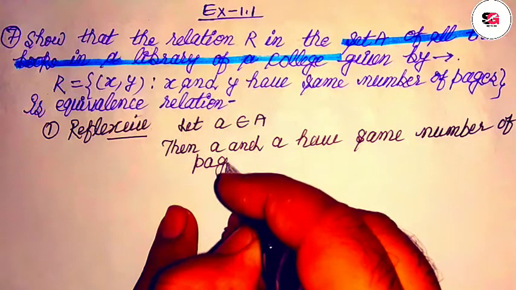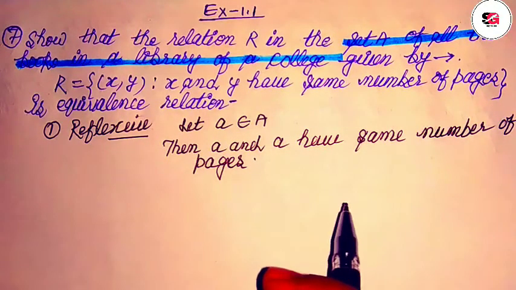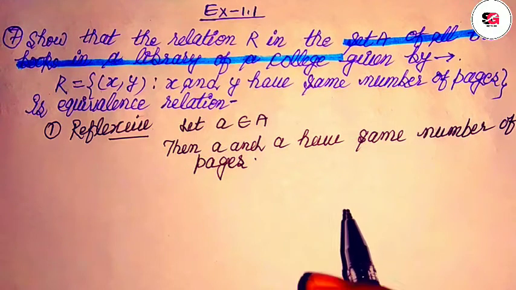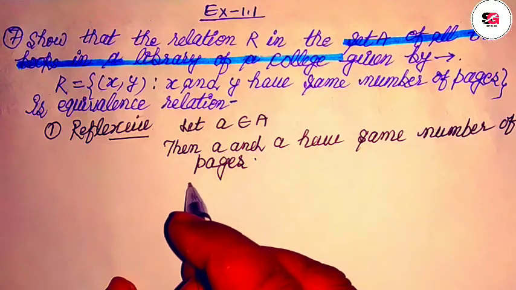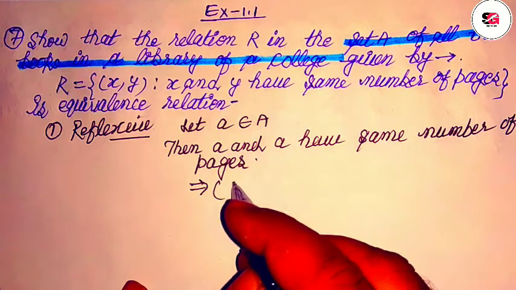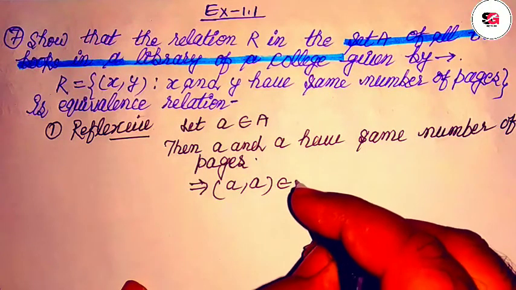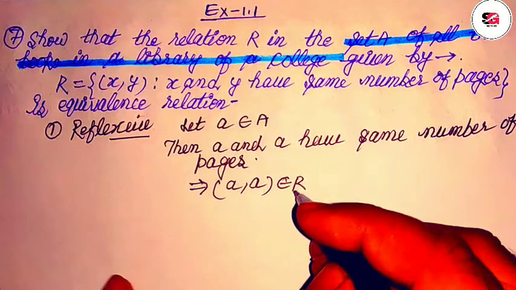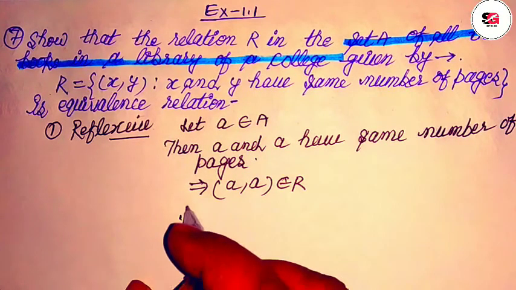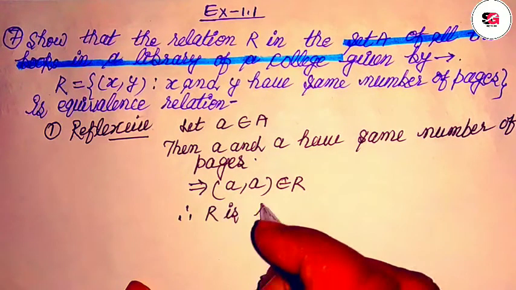It is true, we can say, isn't it? Because a and a have the same number of pages, so this implies (a, a) belongs to R. Therefore we can say R is reflexive.